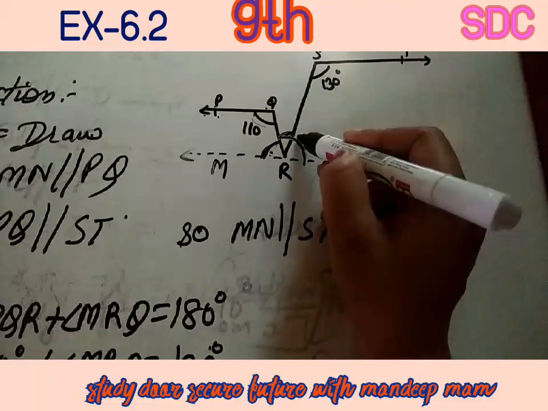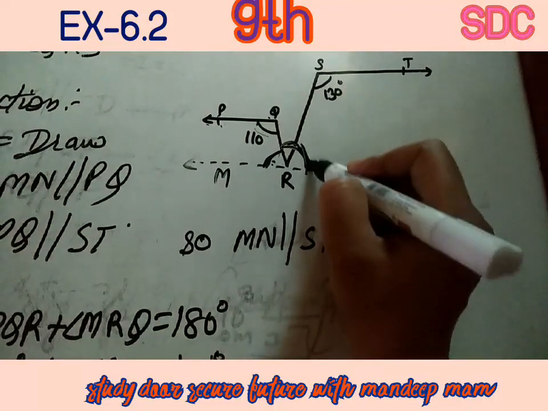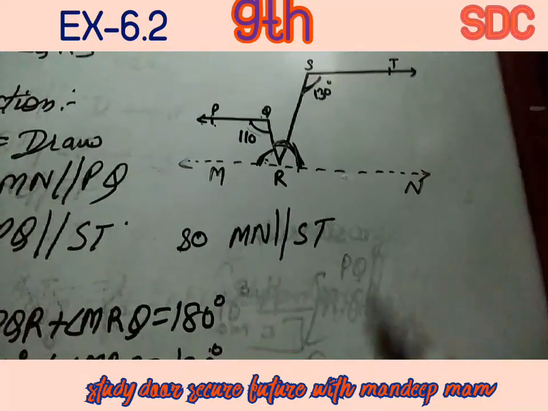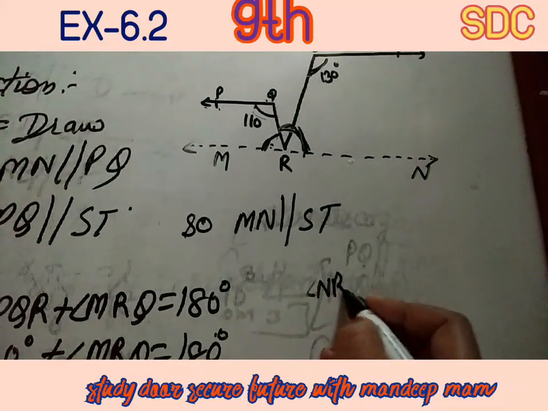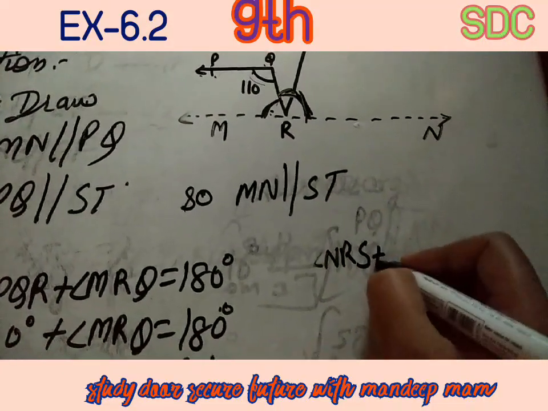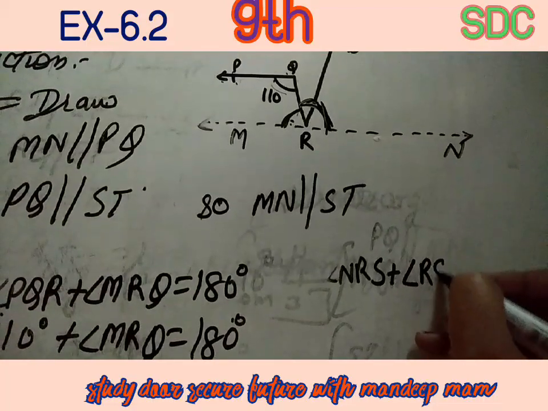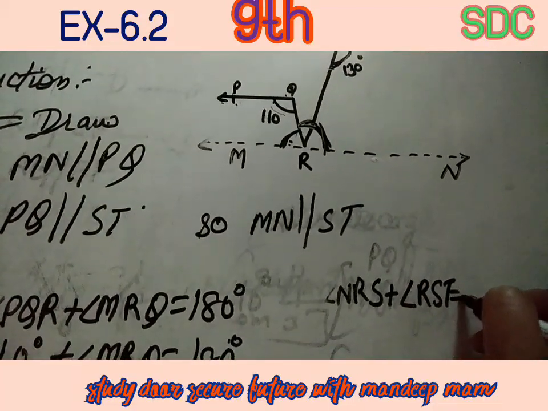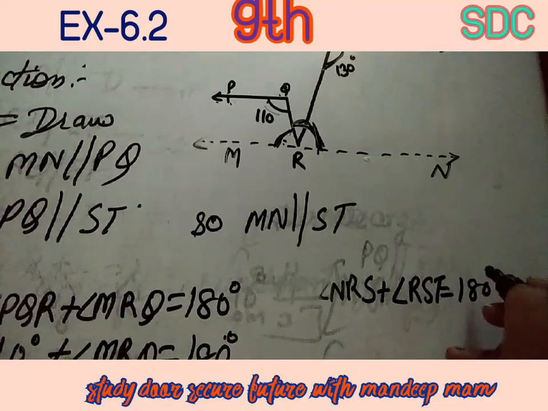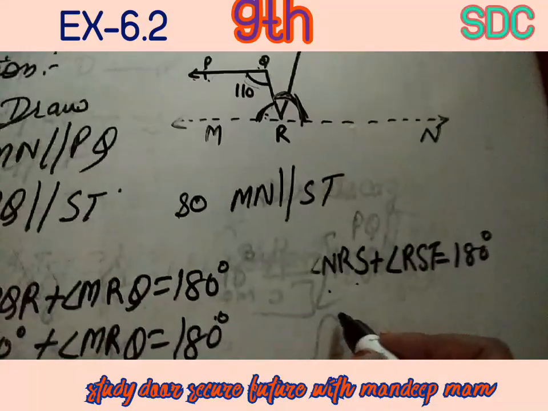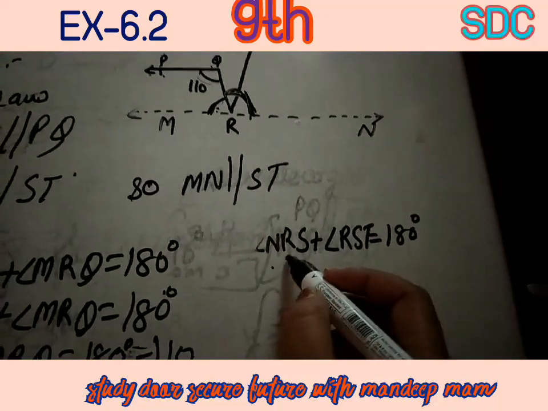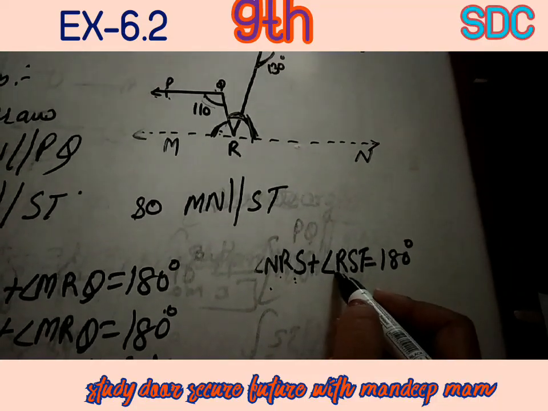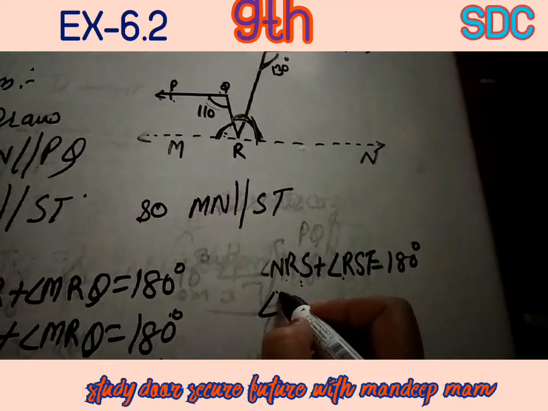Similarly, these two angles are also supplementary angles. So the sum of angle NRS plus angle RST is equal to 180 degrees, and the value of NRS we have to find out, and the value of RST is equal to 130 degrees.